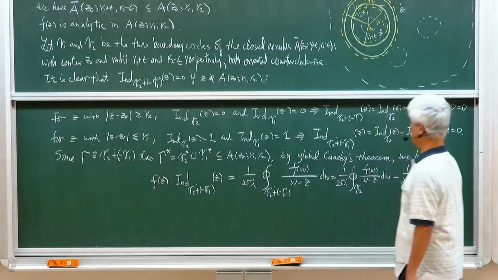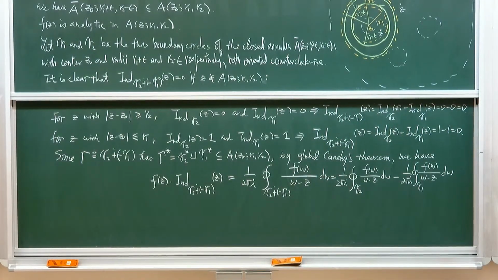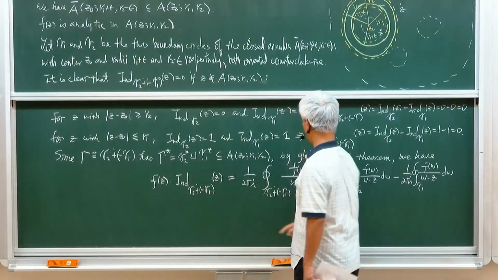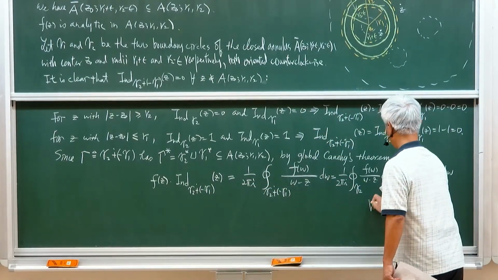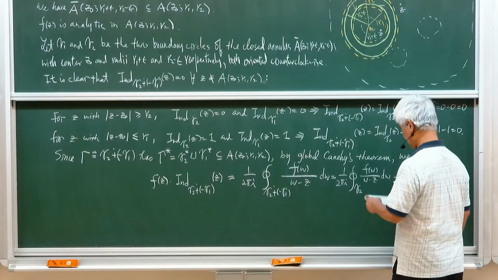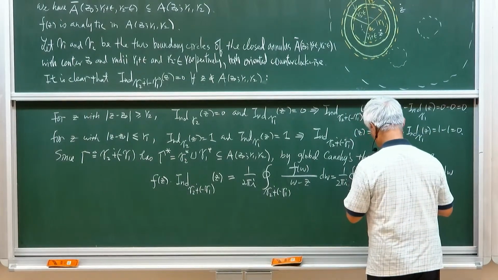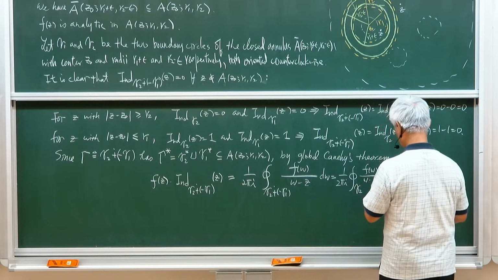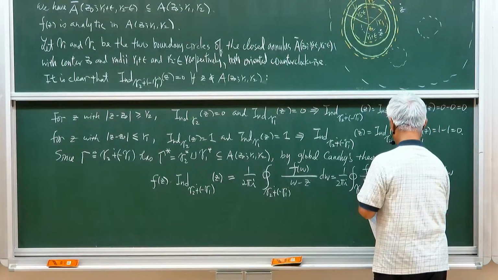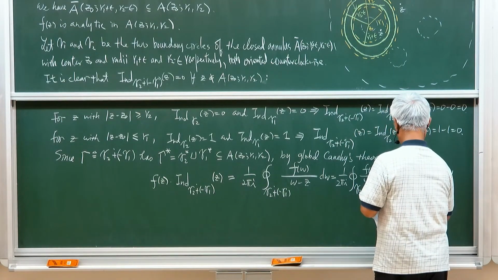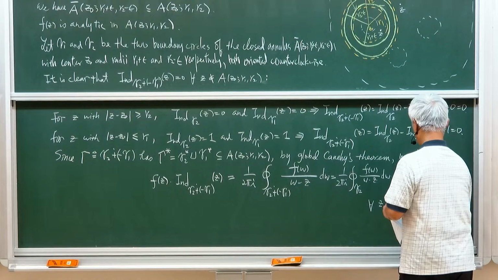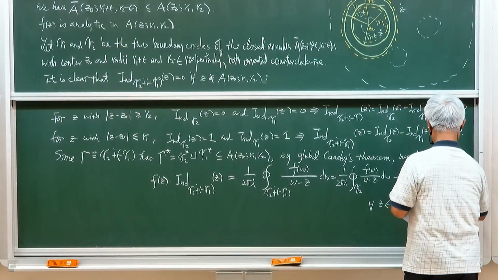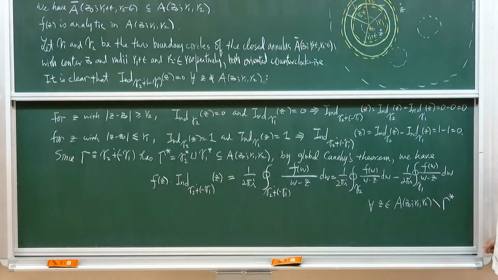Now what is the index of z? And this is true for all z in the annulus of z0, R1, R2, excluding gamma star.